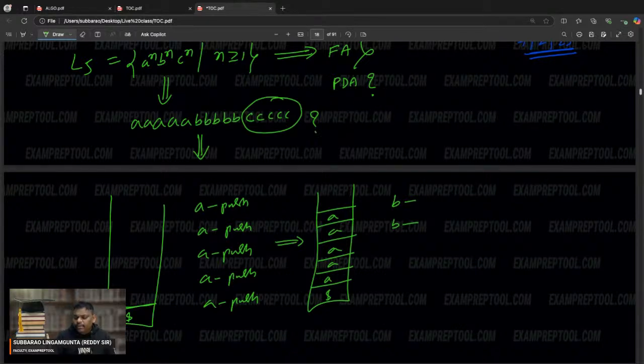I'm happy, but what about C's? Because for every B, if you pop A, no more A's are in the stack. With whom will you compare C's?